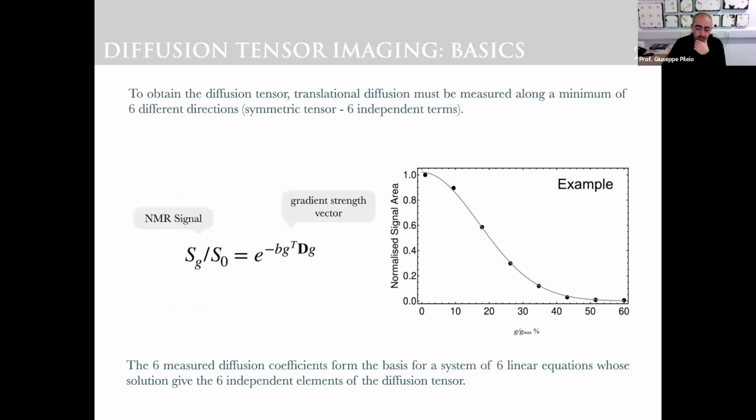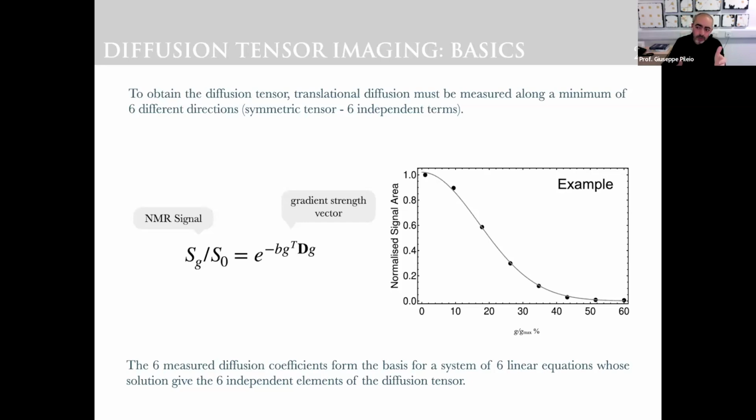And now, very shortly, how we measure the diffusion tensor, where you have 6 independent diffusion constants to measure. So you do 6 diffusion experiments along 6 independent directions, and then you fit them. You get one of these curves every time.